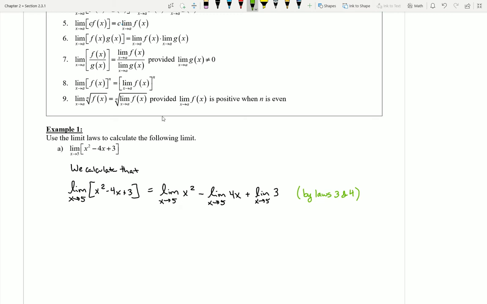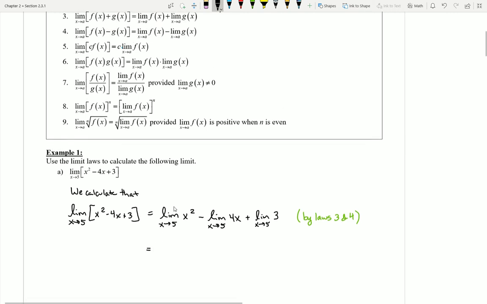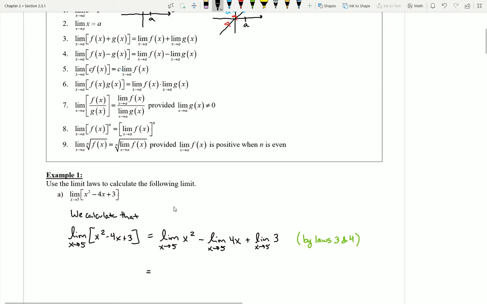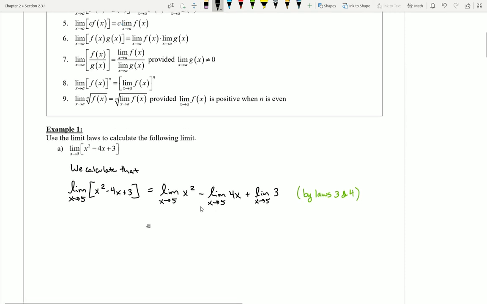Well, now let's take a look at some of these other laws that we could use to help calculate this first part. I need to do x squared. Is there anything I could do to tackle x squared? Oh, well, what about property number 8? This says if I ever have a function like x being raised to a power like 2, I could instead do this as a limit of just the x and then apply the square to the result.